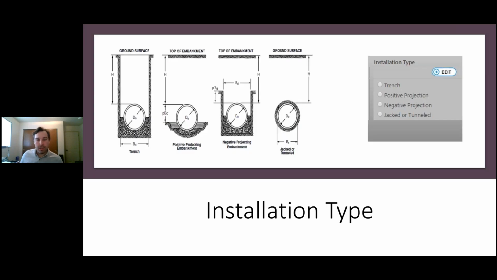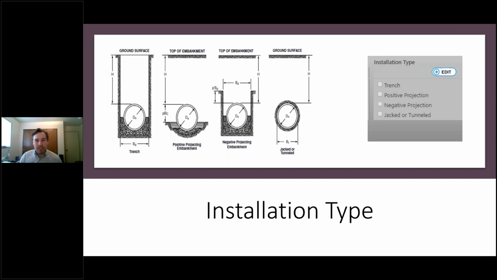Now moving over to the installations, you have the option to choose which installation type you want to use. We typically use the positive projecting embankment because that is the most conservative, but each of these installation types have different frictional forces working in the pipe soil structure interaction.